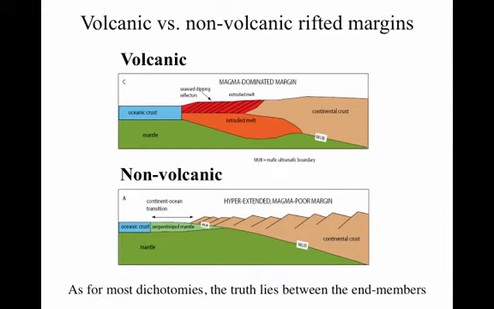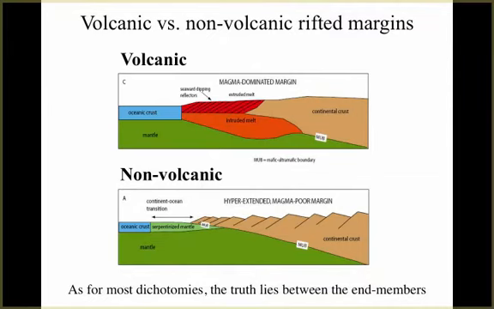If we just look at some cartoons of the differences between the volcanic and the non-volcanic rifted margins, you'll see in the volcanic rifted margin that there is a significant amount of intruded melt, and that we have some lavas forming where those magmas have been extruded, and that there are seaward dipping reflectors. If we look at a non-volcanic rifted margin, you don't see the same kind of underplating of melts.